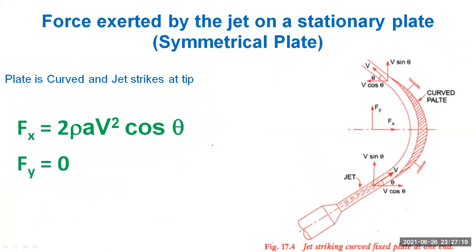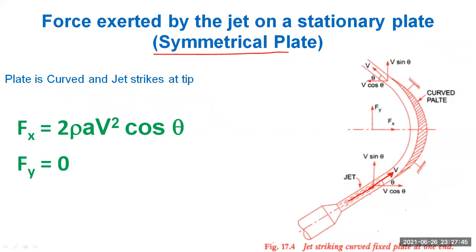As I have told, you have three cases in curved plate. The second one is the symmetrical plate, when the jet strikes in a tangential direction. As you see in the figure here, the jet of water coming through the nozzle is striking the curved plate in a tangential direction.